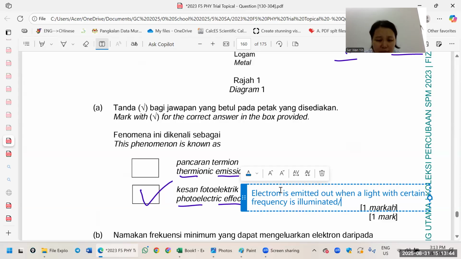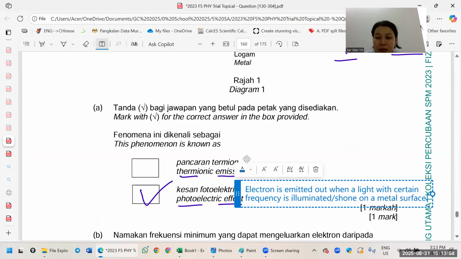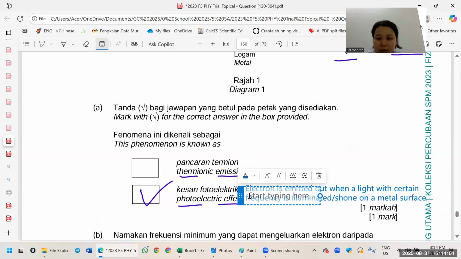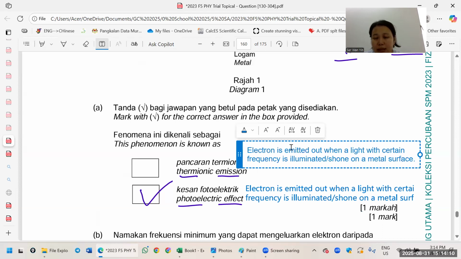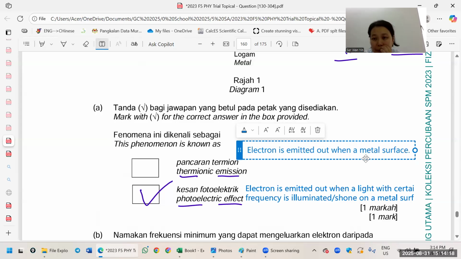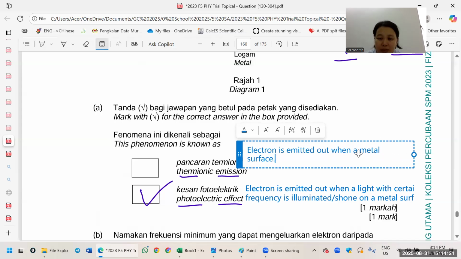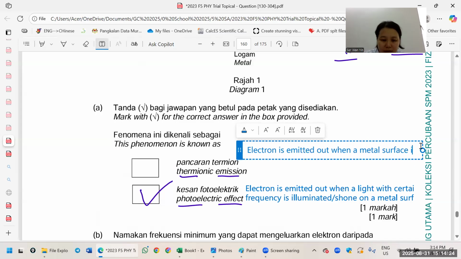If you feel cannot remember, shone means 它照在那个 metal 上面, on a metal surface, 它照在那个金属板上面. Right? Then how is this? Copy and paste. Electron is emitted out when a metal surface is heated.